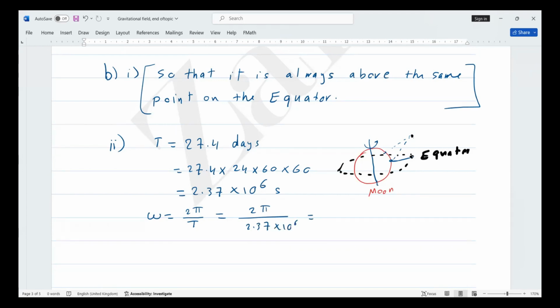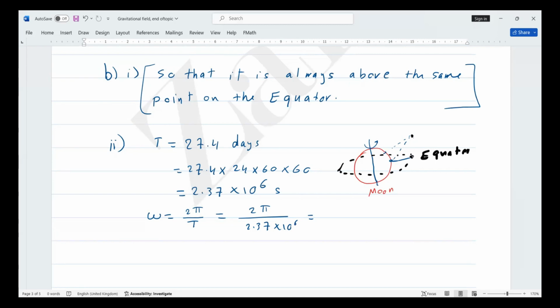So we can calculate this value; you can use the calculator, please. 2 pi divided by... I use the full answer: 27.4 multiplied by 24 multiplied by 60 multiplied by 60 equals, and then 2 pi divided by the answer.